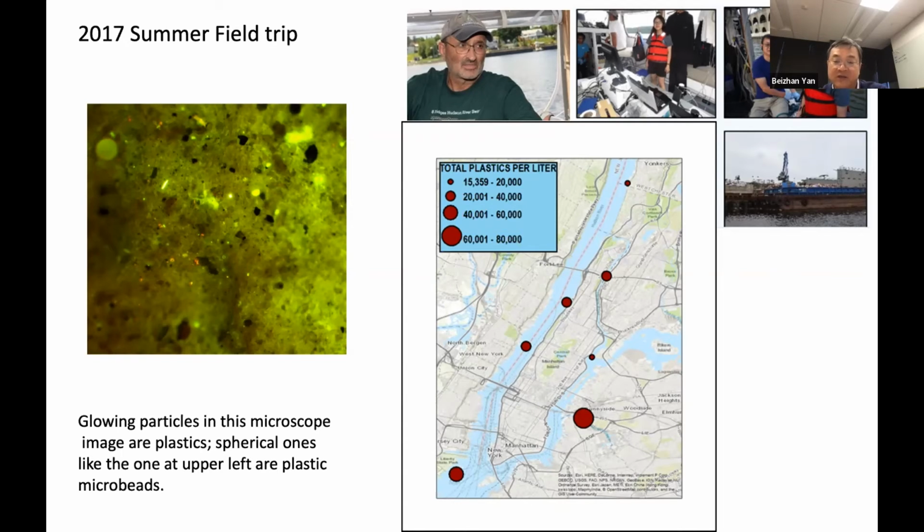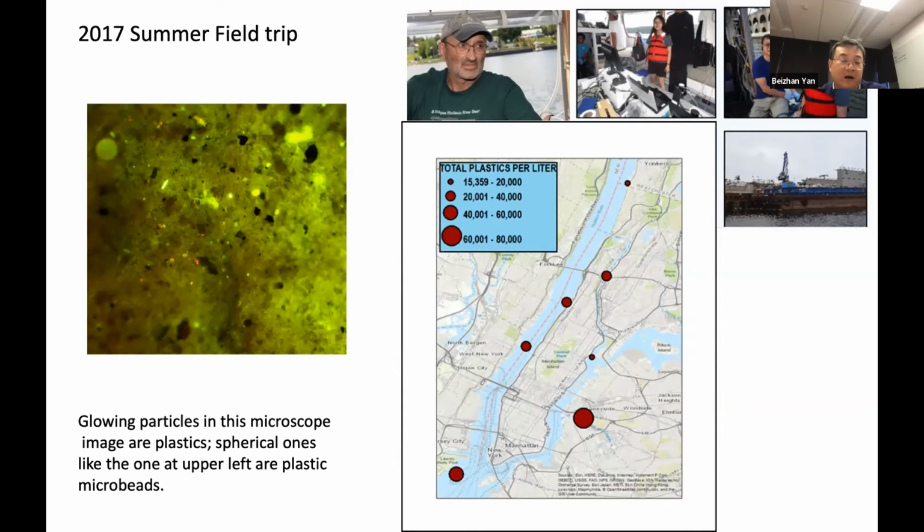You can think about the wastewater treatment plants. In New York City, the wastewater treatment plants don't have the capacity to remove either microplastics or pharmaceuticals, so this is the best place for them to meet, and they are discharged to the receiving waters.